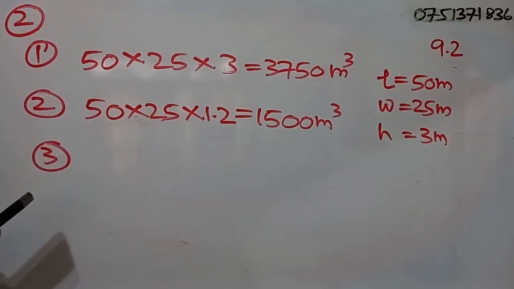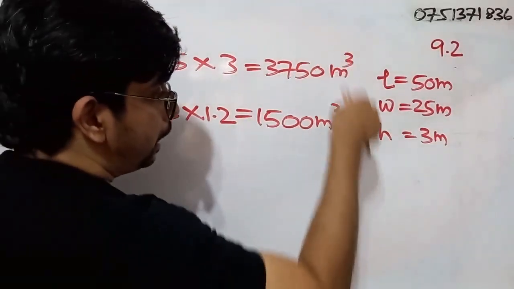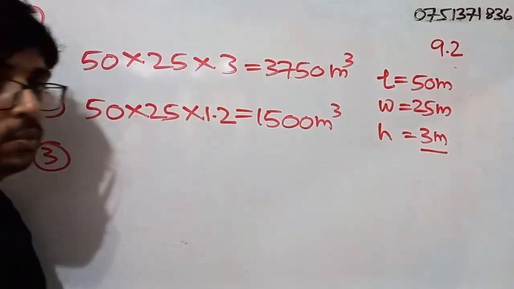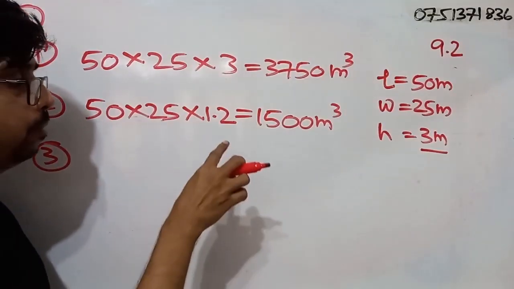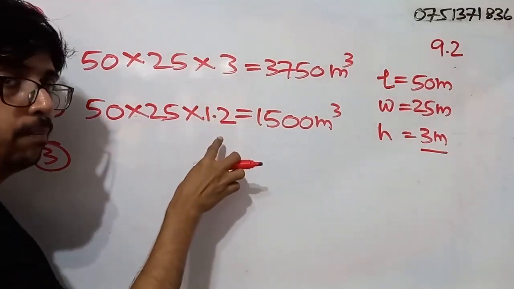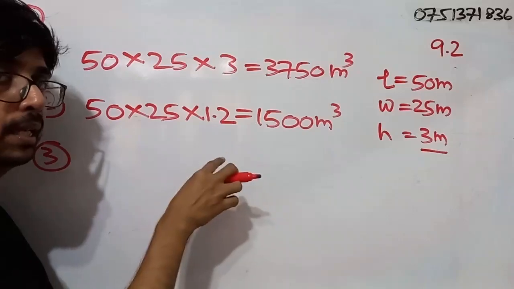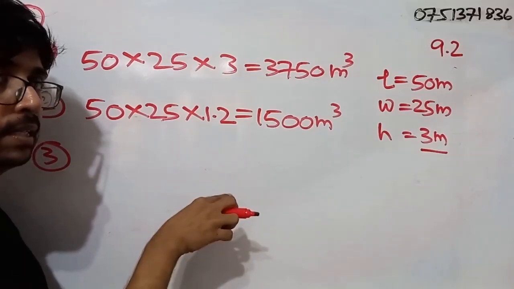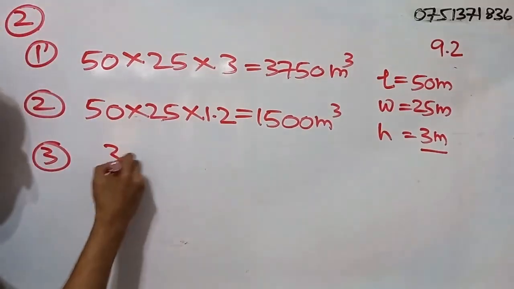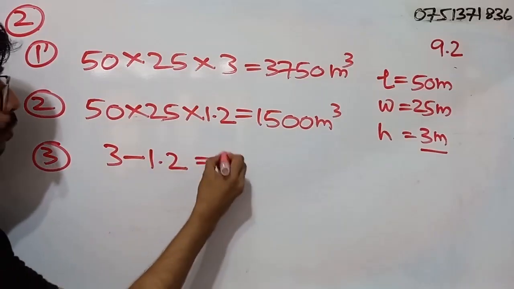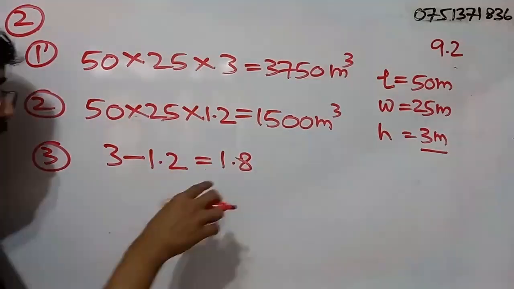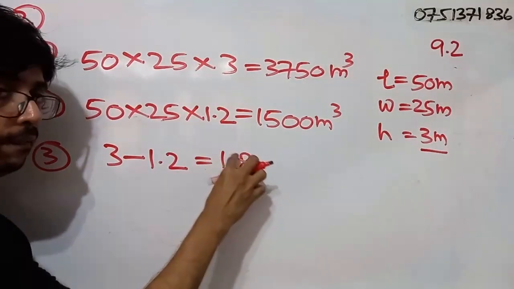How much more water is required to fill the swimming pool completely? The entire depth of the swimming pool is 3 meters. At the moment, the water is filled up to 1.2 meters. What is the difference? That means 3 minus 1.2, what do we get? 1.8. That means this is the difference.